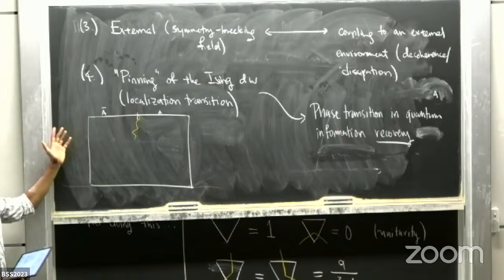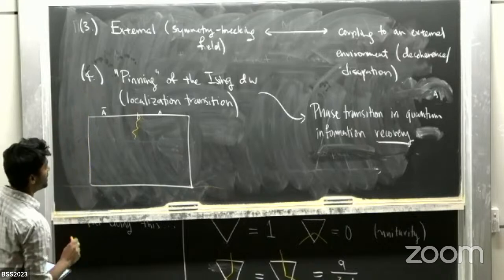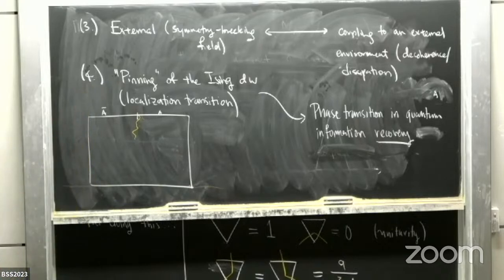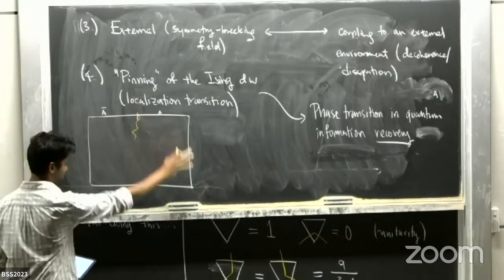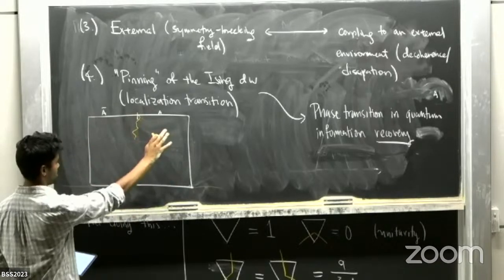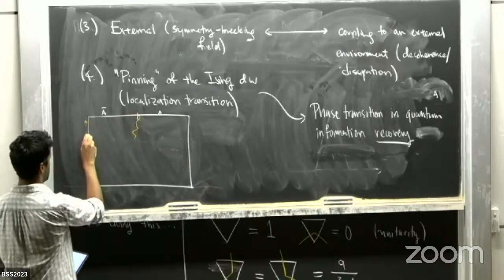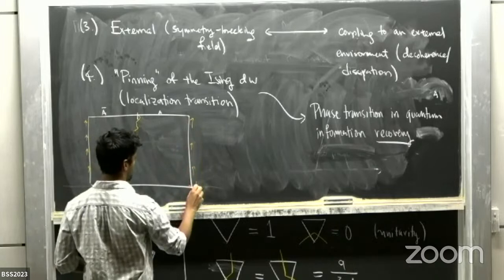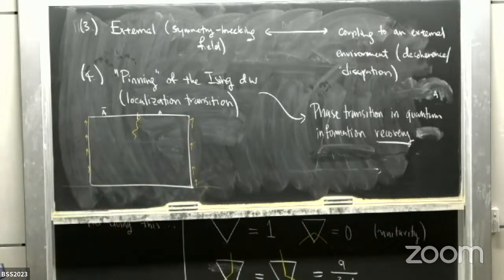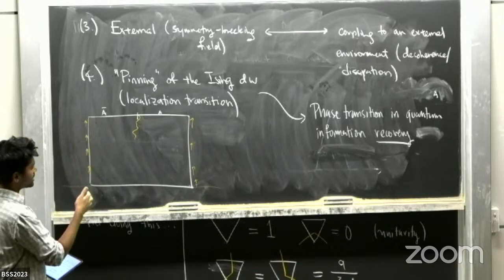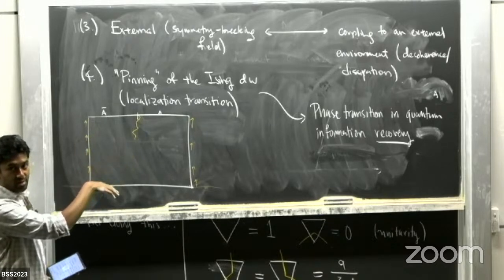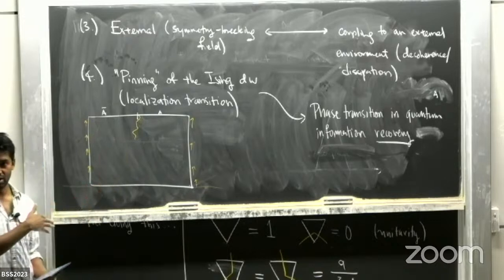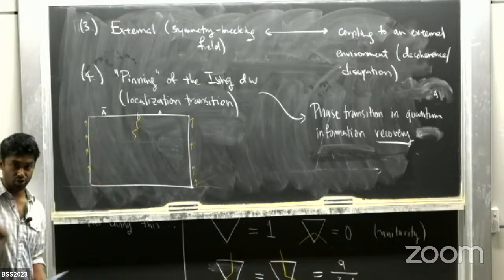I have some bath, which is the rest of my system, that's coupling to the system at the boundaries. And according to point 3, that should act like a symmetry breaking field when I think about the open quantum dynamics of this subregion. So there's some symmetry breaking field that lives on the boundaries here. And it turns out that this symmetry breaking field can act like a potential for this Ising domain wall that prefers that the domain wall gets pinned to it or is pushed away from it.